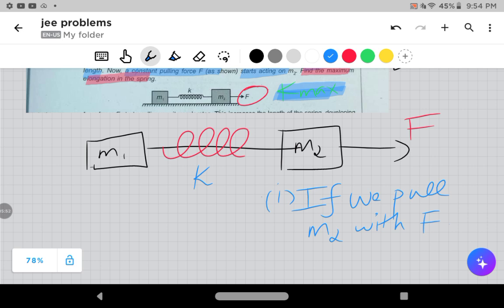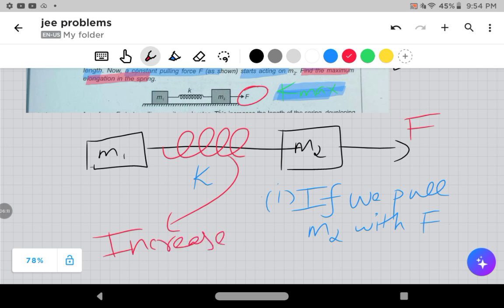It means the length of the spring is going to increase. What happens if you pull this way? It's common sense that the length of the spring is going to increase.